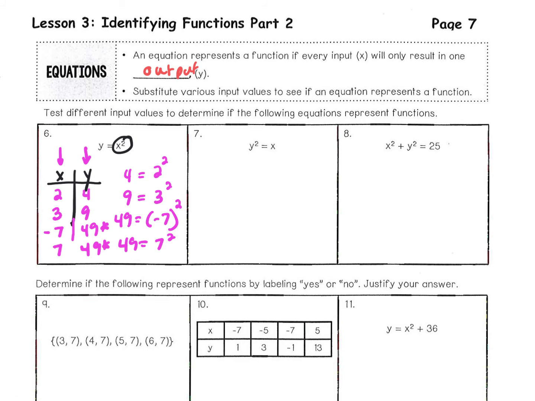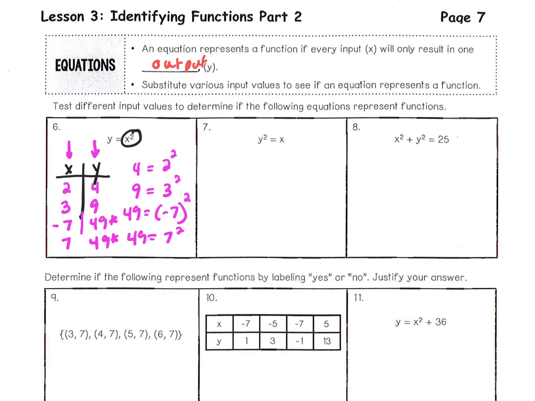So -7 is paired up with 49, and +7 is paired up with 49, but each one of the domain members is unique, so we're in good shape. So yes, this is a function, because every input results in only one output value.